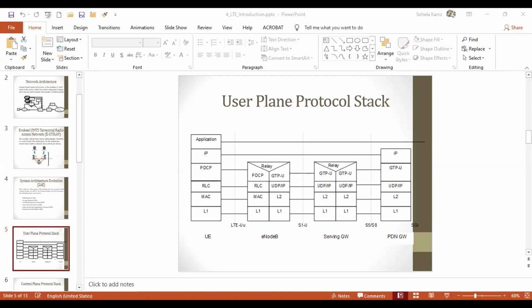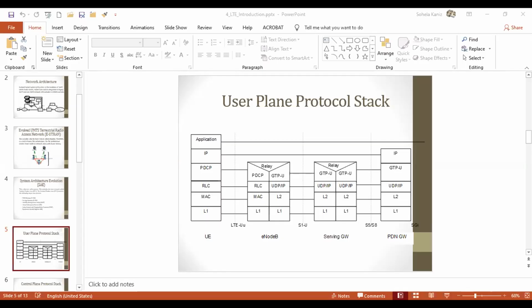Now we are interested in this RAN operation. As you forward it to the serving gateway, you again have some type of protocols working, but these things we are less interested in. This side is wireless, this side is RAN, and this side is within the core network.